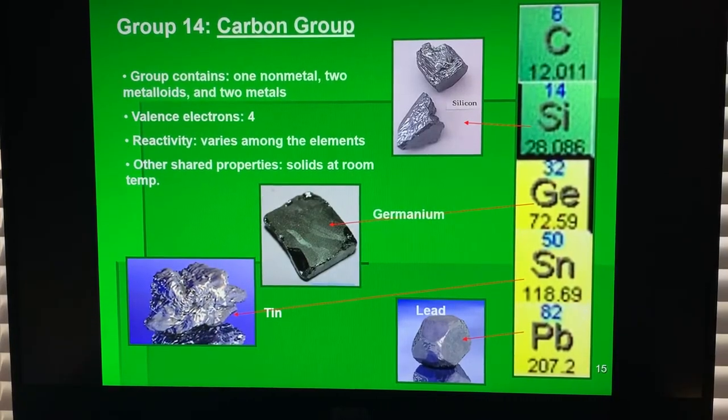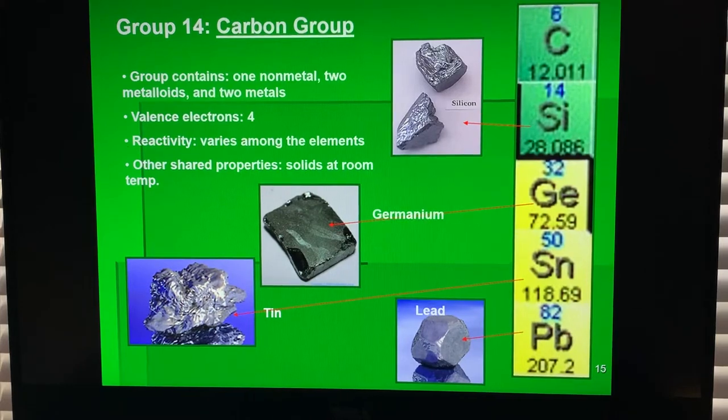It's still worth something. The next group is the carbon group. 2 metalloids, 1 non-metal, that's carbon. Carbon is a non-metal. And 2 metals, tin and lead. I have a whole slide about carbon, but silicon looks like a metal. It's not, obviously. And lead and tin are kind of similar because they both have low melting points.